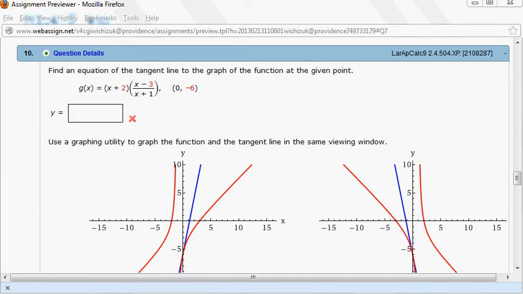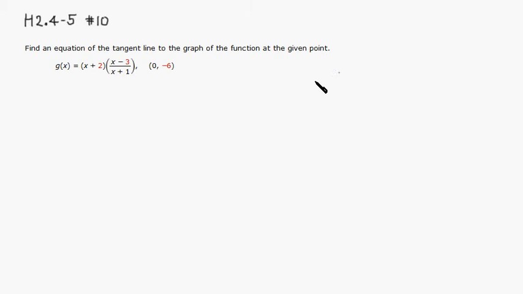Okay, let's look at homework 2.4, 2.5, number 10. Right, so we want to find an equation of the tangent line to the graph of this g of x at x equals 0. So let's do that. As usual, we are looking for two things.